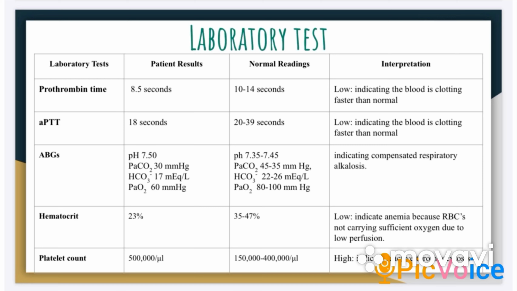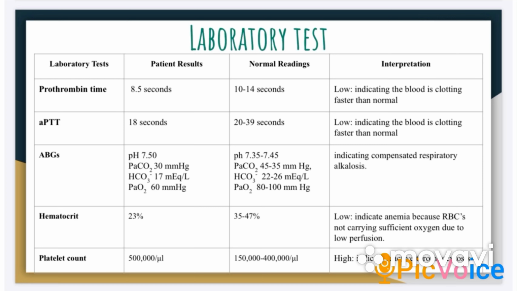We know she has some type of respiratory disorder because her partial pressure of carbon dioxide decreased, and we know she is alkalotic, or in respiratory alkalosis, because of the increase in the pH.